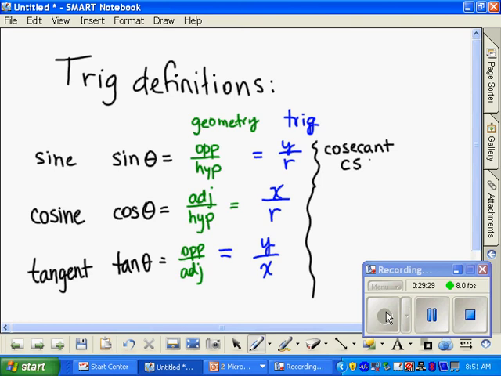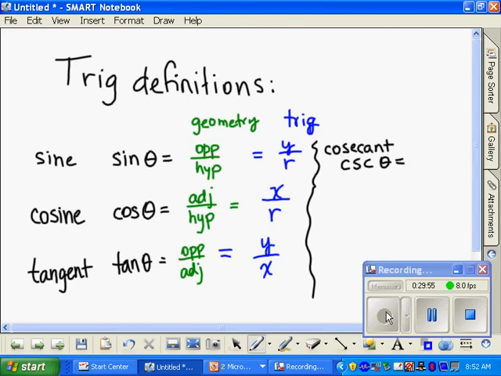The abbreviation is CSC. Once again, behind that trig word we always put an angle, so I'm going to stick a theta on that. If we think about geometry, instead of opposite over hypotenuse like sine is, the reciprocal would be hypotenuse over opposite. I don't have room to write that down, so I'm only going to write down my trig definition.